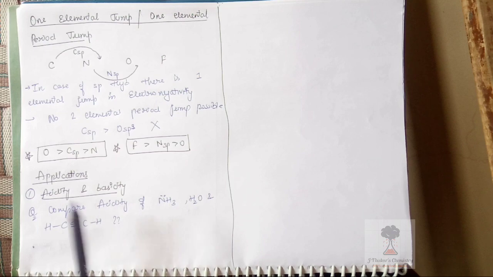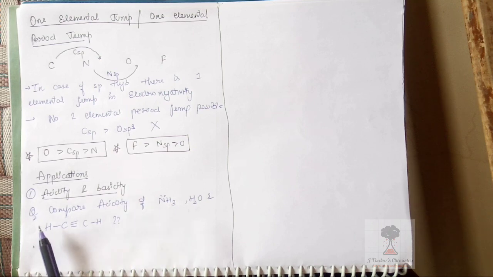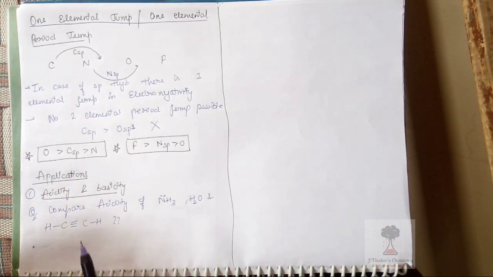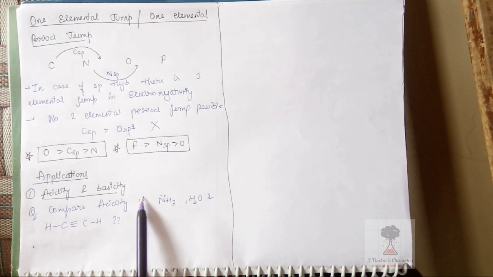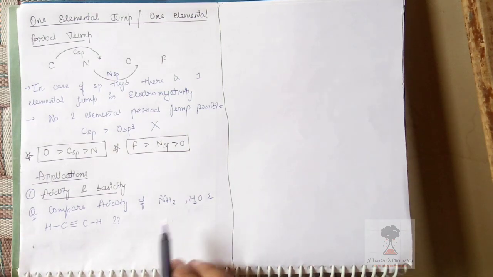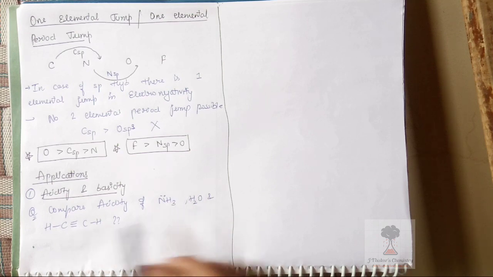Now let's move on to the application part. The first application is to check acidity and basicity. The first question is to compare the acidity of ammonia, water and ethylene. To compare this, we use the modified electronegativity series. Firstly, we check the hybridization of the central atom in these molecules.